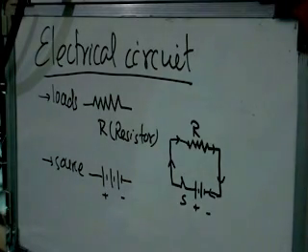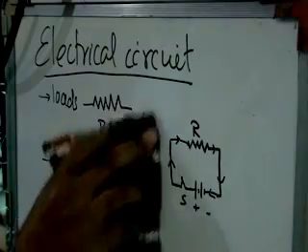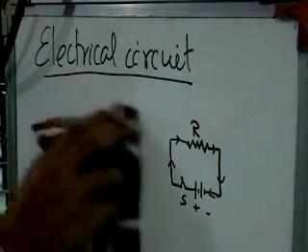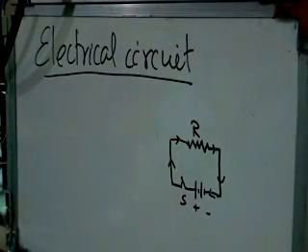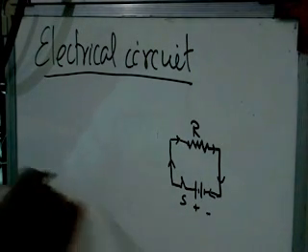And now let us go to the calculation parts. As you have seen in the batteries that you have purchased from grocery shops, there is a mark of plus and minus.